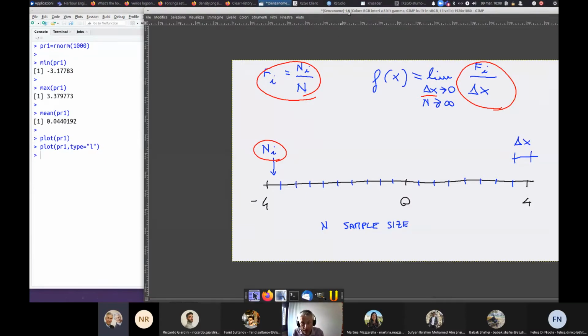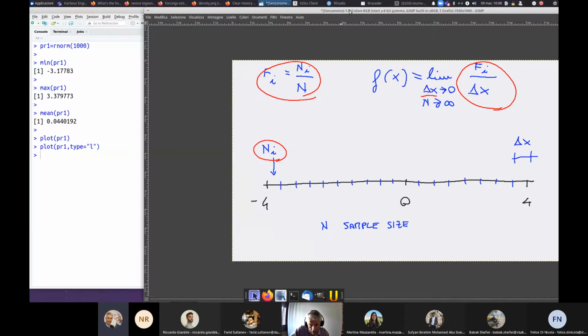So let's split the range from -4 to 4 in intervals with a width, an amplitude of 0.1. It means 80 intervals.